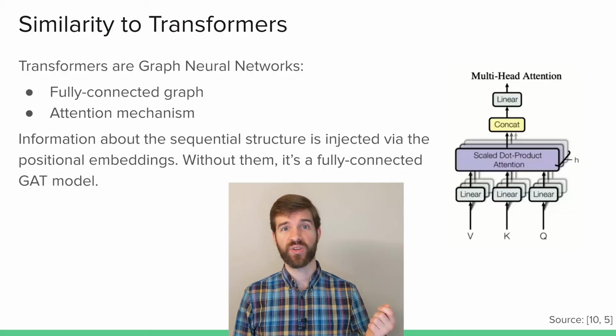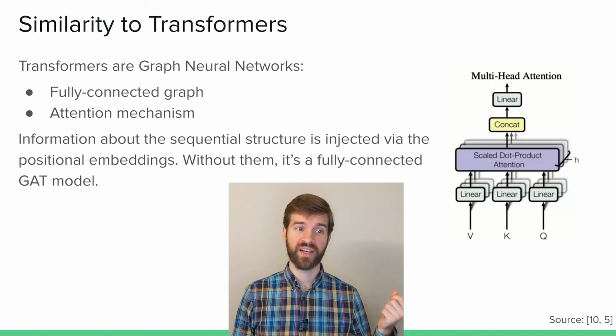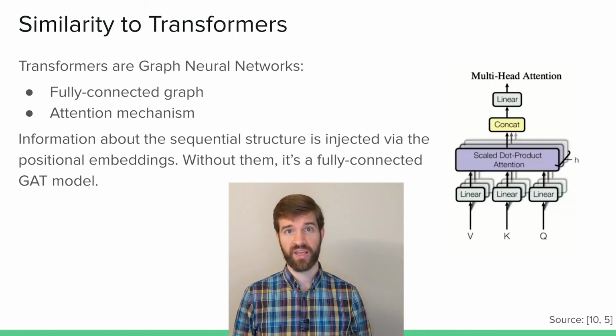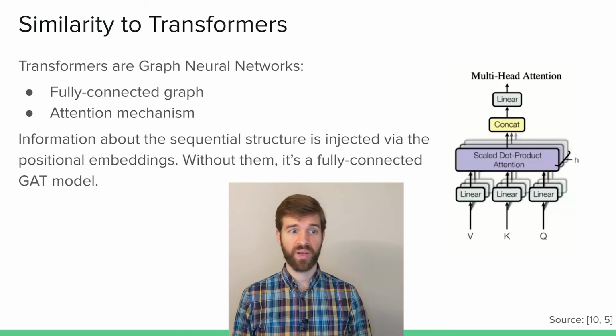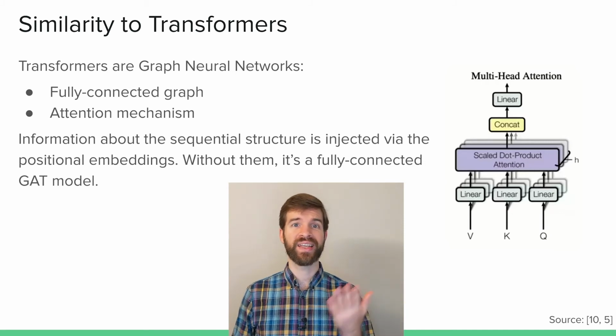And if you're now saying, wait a second, attention, I've heard this quite recently before, then well, you're not alone, because we've talked about the attention mechanism in quite some detail when we talked about transformers. And it turns out this is not a coincidence, because transformers in fact are a form of graph neural networks. If you have a fully connected graph and you use this attention mechanism, then a transformer is exactly the thing that we're doing here.